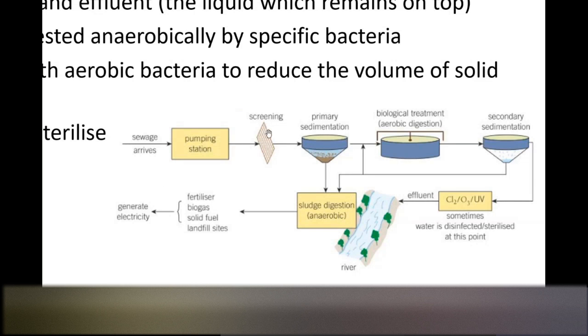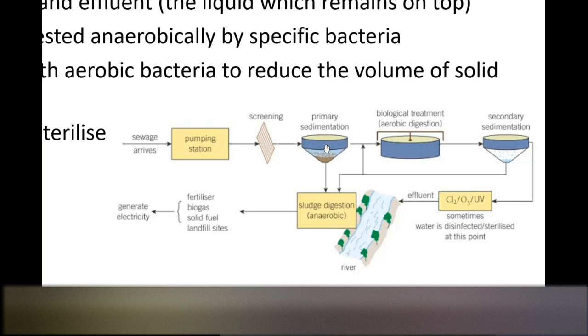So once that has happened, we then go through to primary sedimentation. And once we have the sedimentation, we have any remaining solid parts going to the bottom, and we call that sludge. So we can see the brown stuff here, it's gone into the sludge, and we've got the effluent at the top.